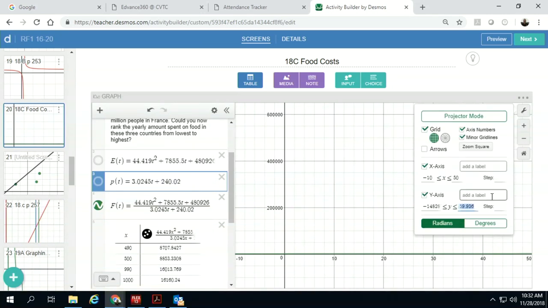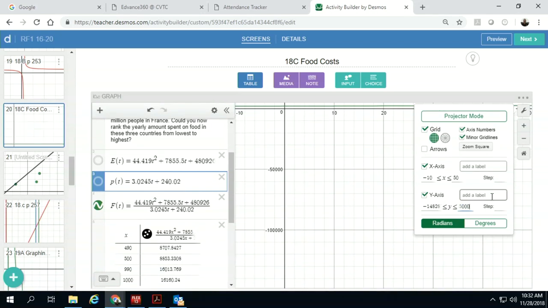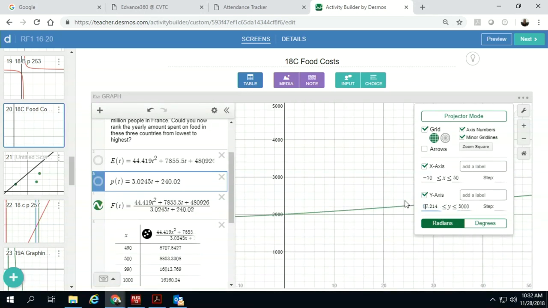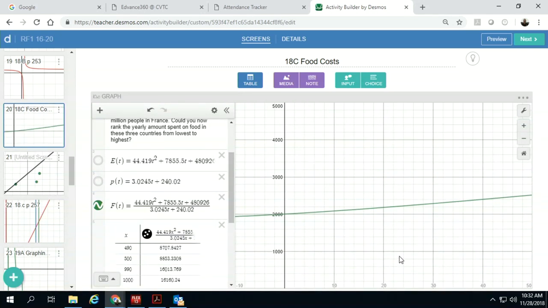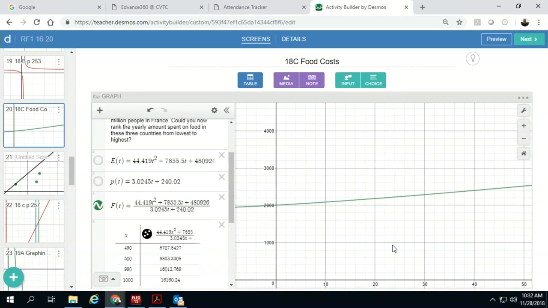So let's go back to, say, $5,000. And our y-axis, let's go back to 0 because we aren't going to be spending less than 0. So there's our function, and it looks pretty close to linear, doesn't it?